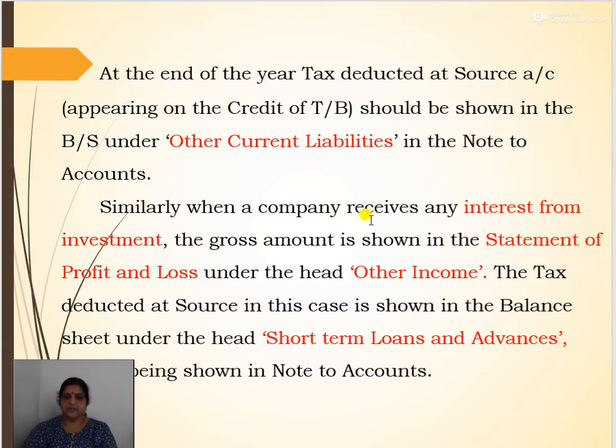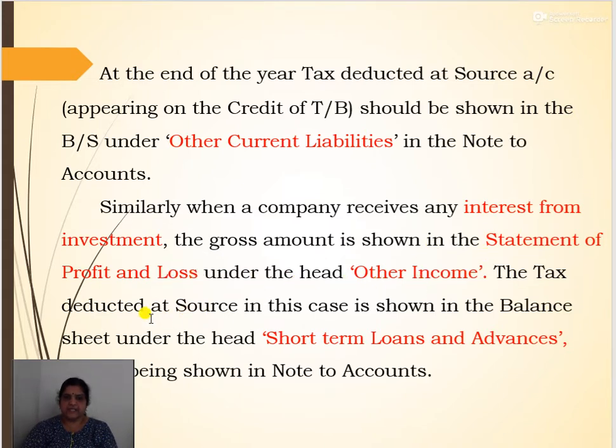In the profit and loss, mainly regarding the revenue, there are two items, that is the revenue from operation and also other income. Interest from investment will come under the head other income.